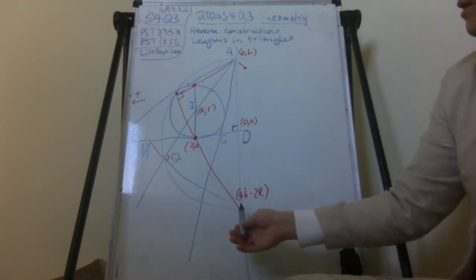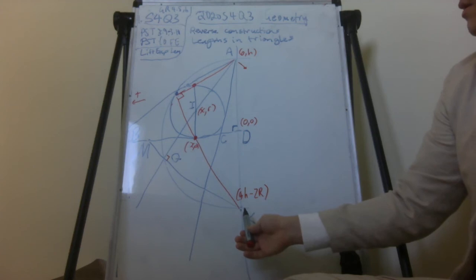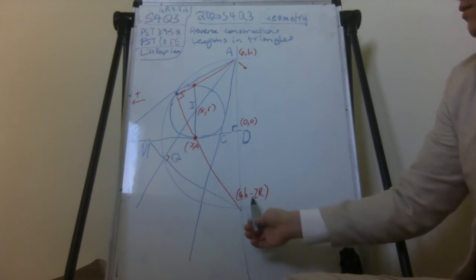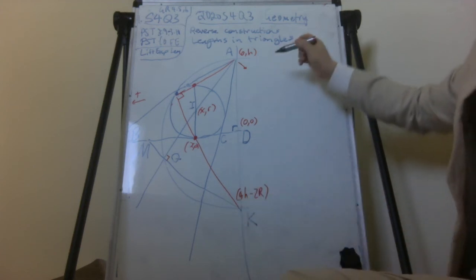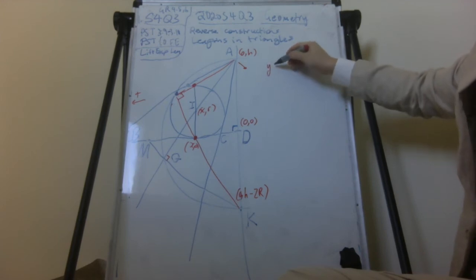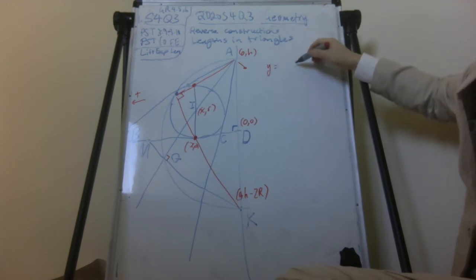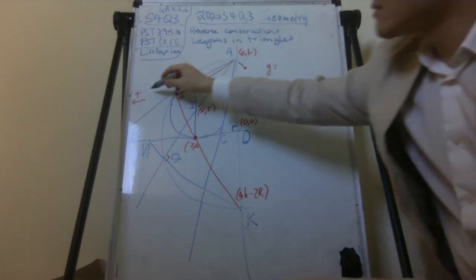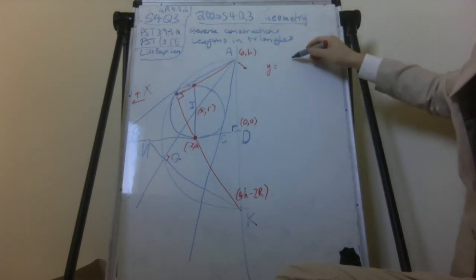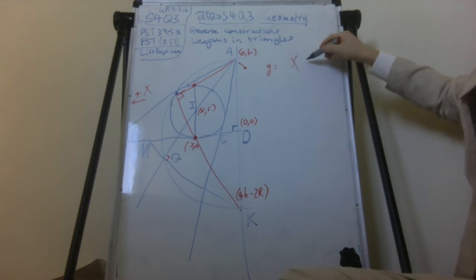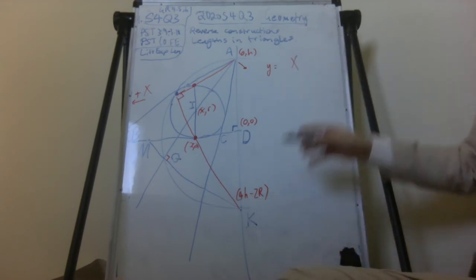So for example, the line passing through this, right? It's like y equals mx. I'll use capital X because little x is taken. Mx plus b, right? And b is just h minus 2r.